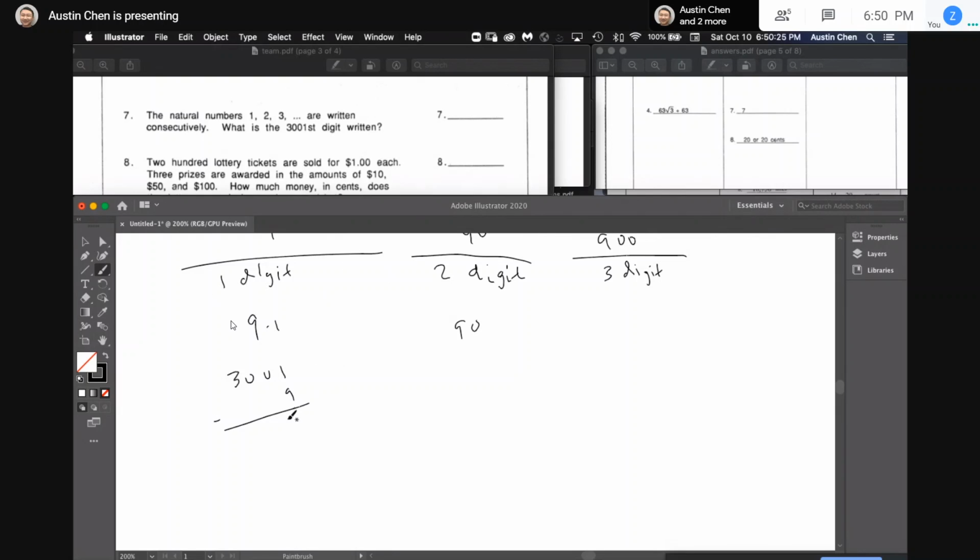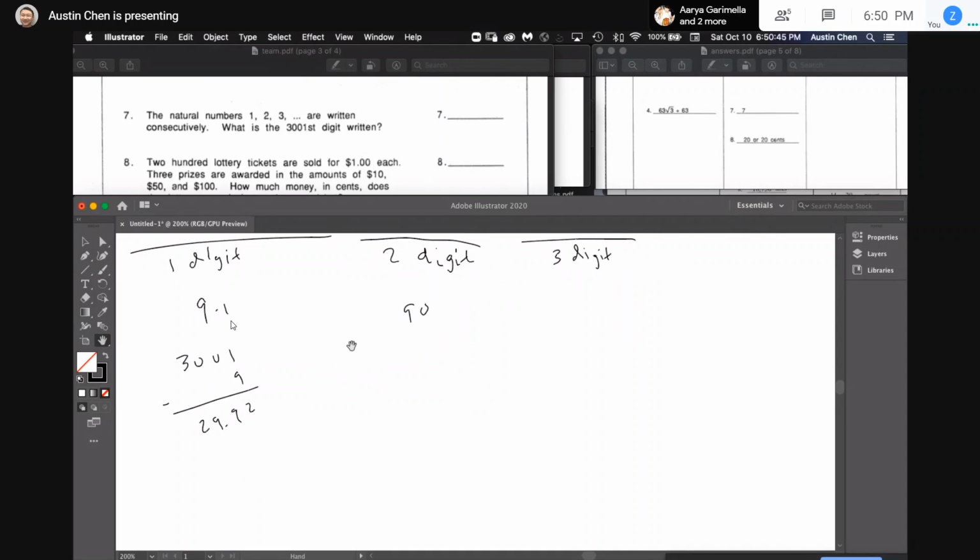After we go through the one digit numbers, we're going to need 3001 minus 9 digits after we've gone through the numbers with one digit. So let's just subtract this. It's just going to be 3000 minus 8. So that's just 2992.